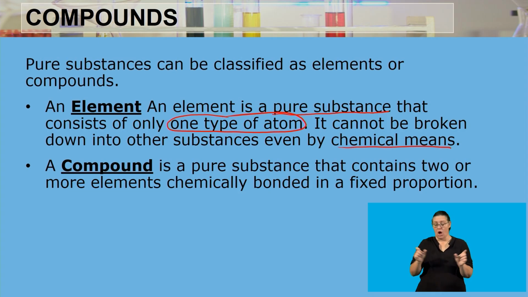Whereas a compound is also a pure substance. So both elements and compounds are pure substances, but a compound is a pure substance that contains two or more elements that are chemically bonded in a fixed proportion or in a fixed ratio.